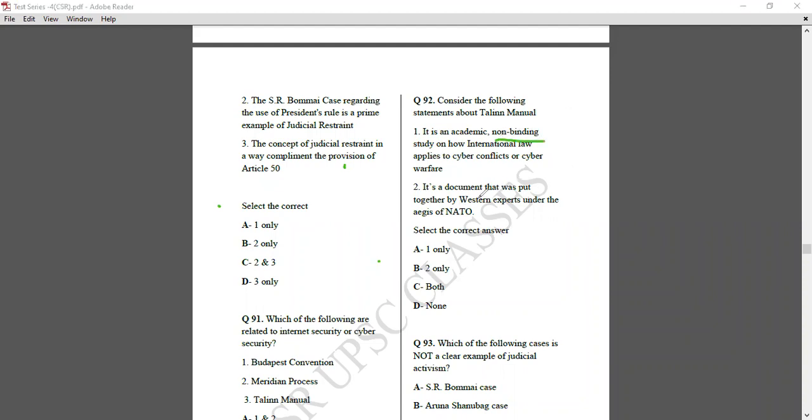It's a document that was put together by the Western experts under the aegis of NATO. Yes, correct. Both of them are correct. NATO is in news nowadays. And cyber warfare is a contemporary topic. So Tallinn Manual becomes important from exam point of view. So both the statements are correct.